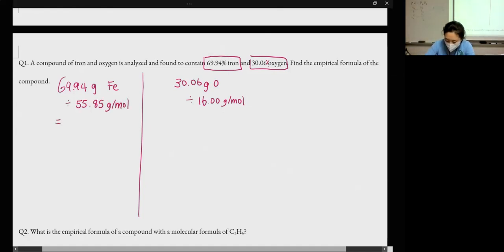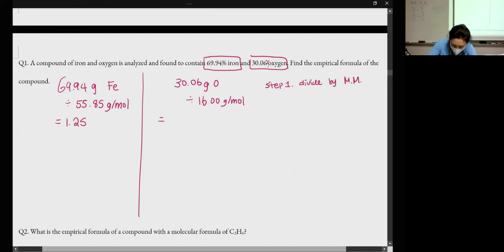That's going to give us 69.94 divided by 55.85. That's only 1.25 mole. And then 30.06 divided by 16 is 1.8788.